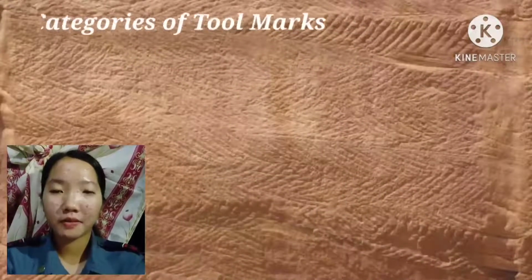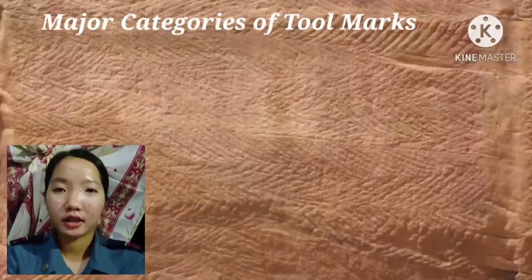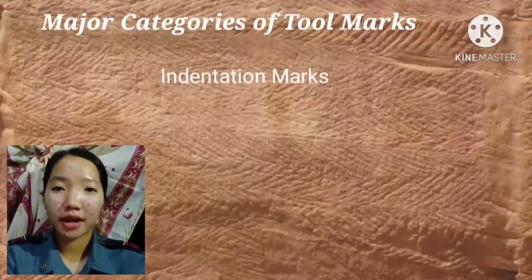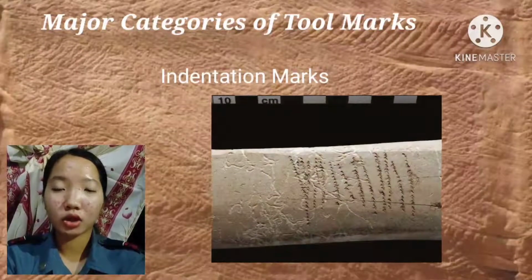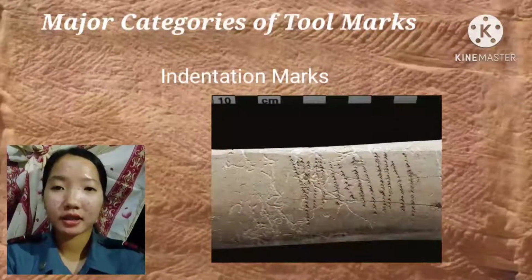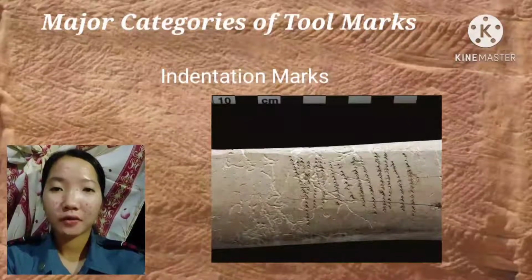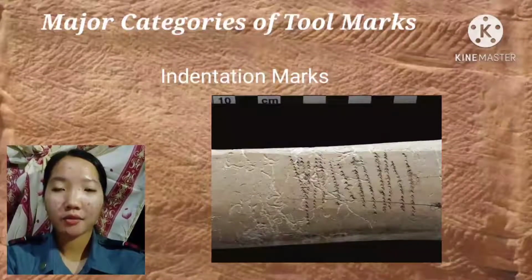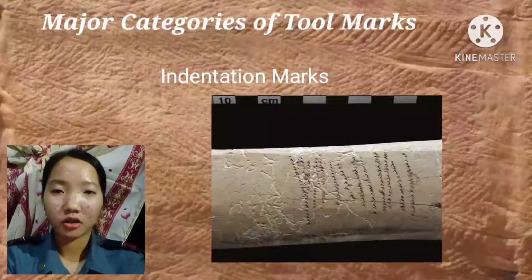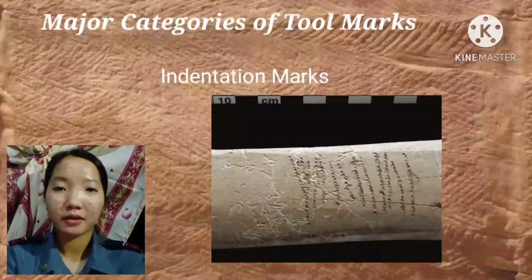Then we have the major categories of tool marks. First is indentation marks. Ito ay gawa sa isang tool na kapag pinress against sa isang softened surface, ito ay magfo-form ng negative impression sa isang object na naka-receive ng force.